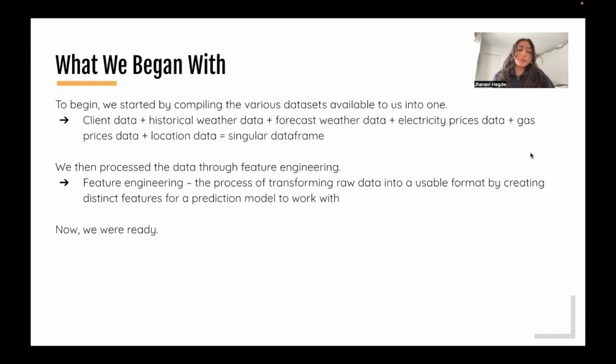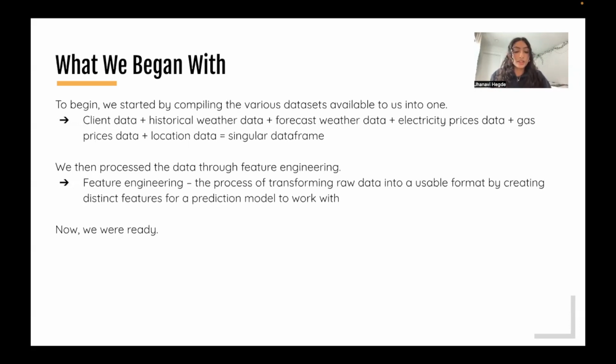And so what we began our project with. To begin, we started by compiling the various data sets available to us into one. So we combined client data, historical weather data, forecast weather data, electricity prices data, gas prices data, location data. We combined all of that into a singular data frame.